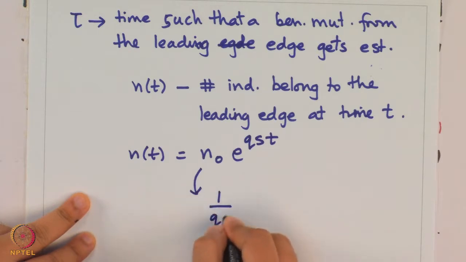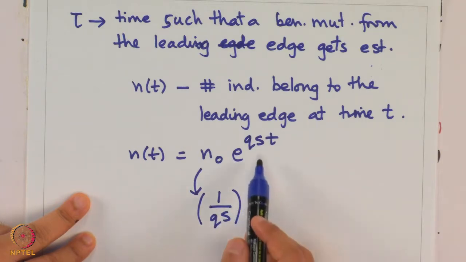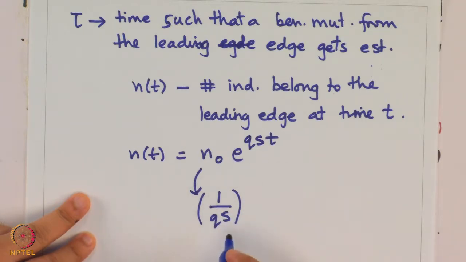but N naught is just equal to 1 upon Qs, because this is the number of individuals corresponding to this particular genotype such that the leading edge got established.